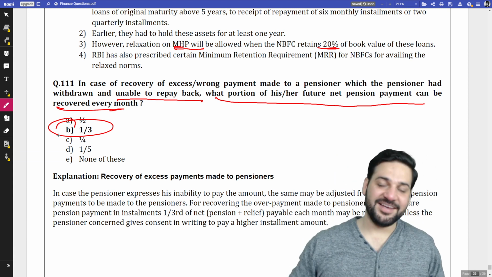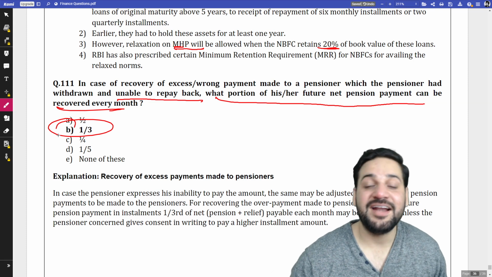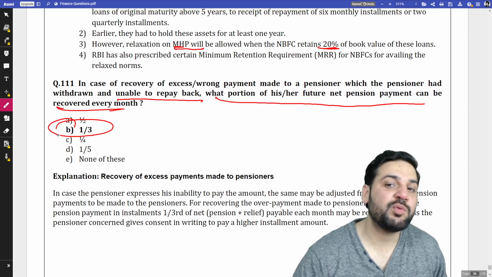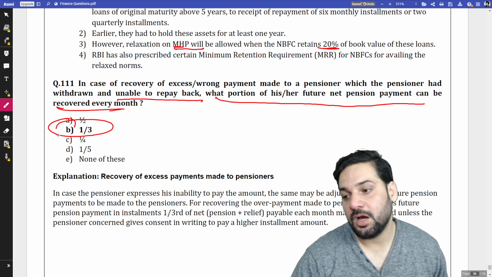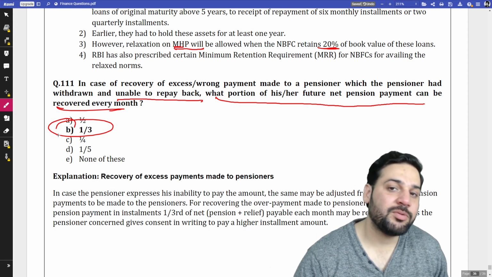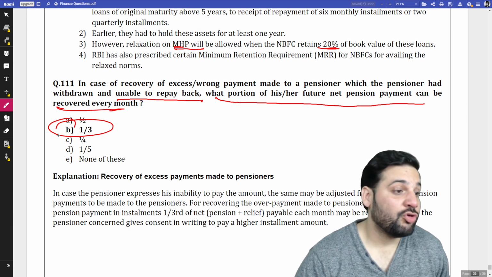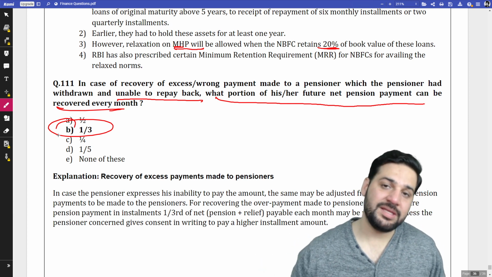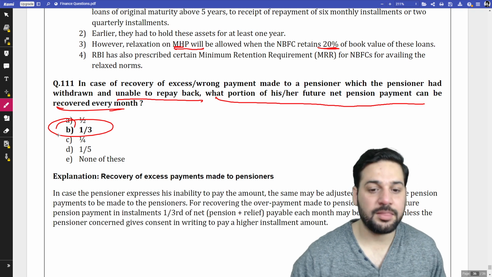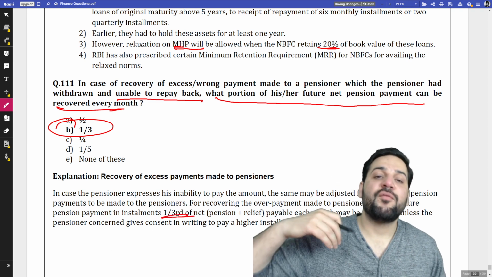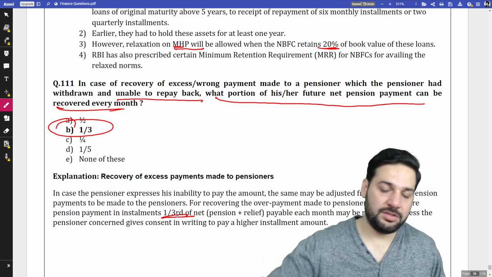His pension is just, let's say, 20,000 rupees, and he spent that 1 lakh. The bank cannot deduct 20,000 every month, because that person needs to survive, right? So every month 1/3 of his pension can be deducted by the bank from the excess payment that has been made to that pensioner.